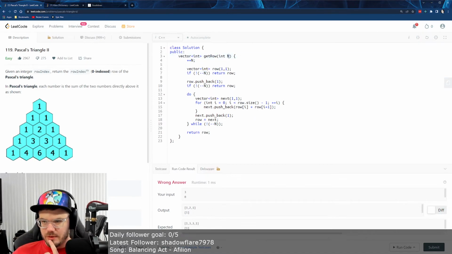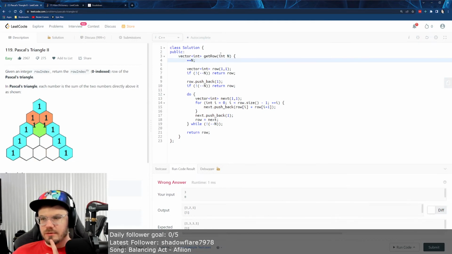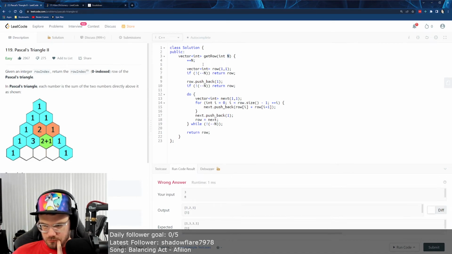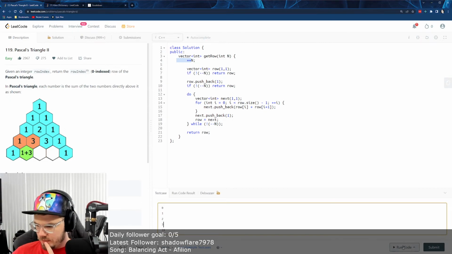So for example, if n was 1, so if they give you 1, that means they want index 2. So we increment it. Hold on a sec. Is this where I want to figure out where this starts to fail? So let's ask for 0, 1, 2, 3. Let's just do that.